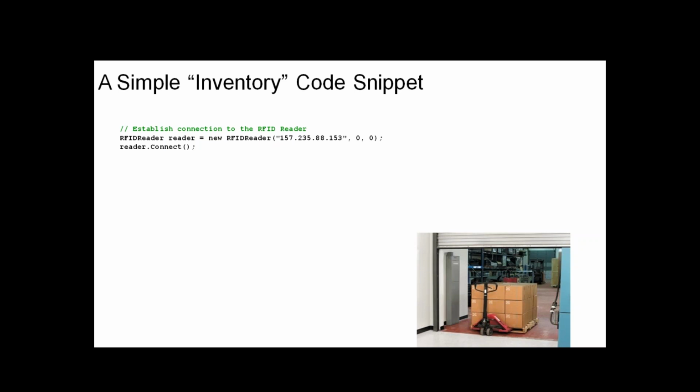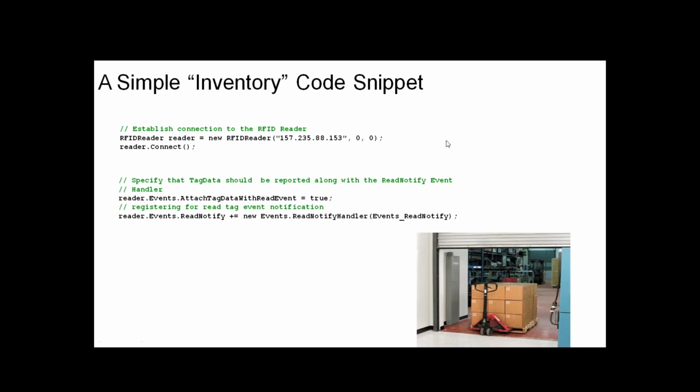By the way, this code that you're looking at is the RFID API 3 code. So the first thing I do is create an object to connect to the reader, specify the IP address of the reader, and connect to it. Once I have connected to the reader, I create an event handler, which says that when a tag is being read, notify my application of that.